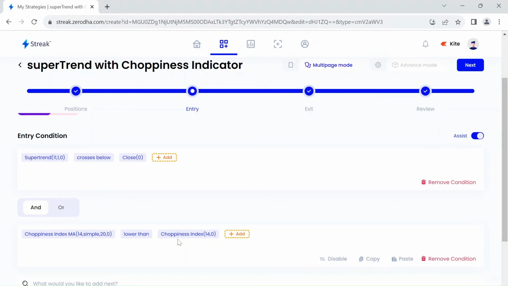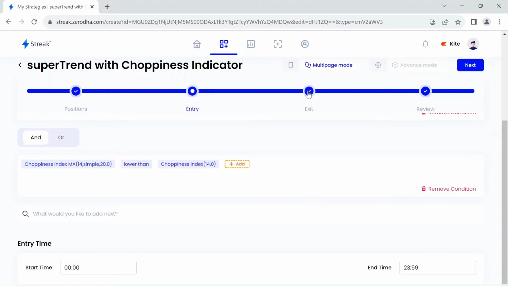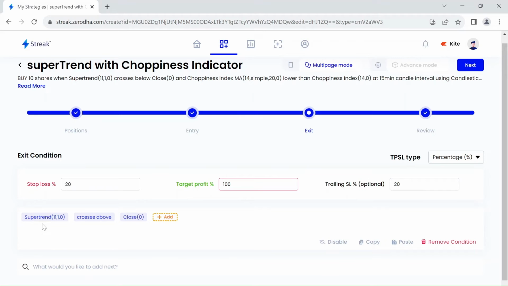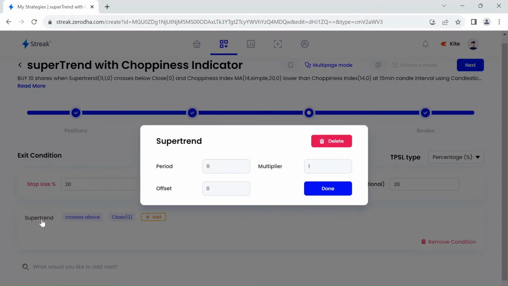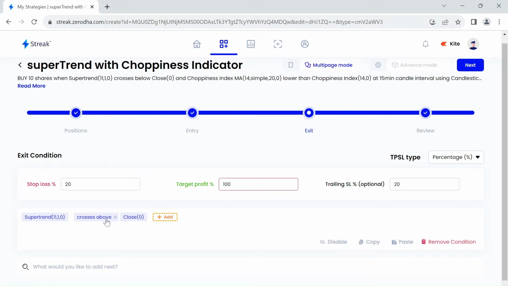That means choppiness is less, that means the market is trending. So only when that is satisfied we will take the trade, when supertrend 11 comma 1 crosses below close, and that is the entry. And coming to the exit condition, again supertrend 11 comma 1 crosses above close, then we will close the trade.